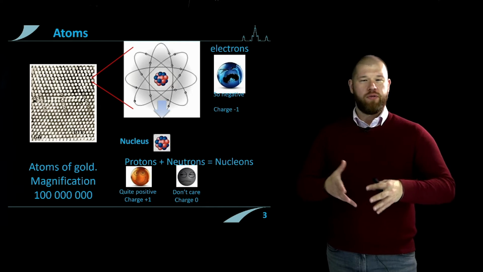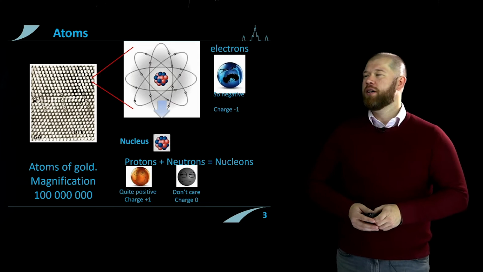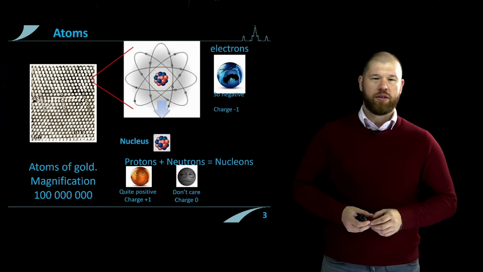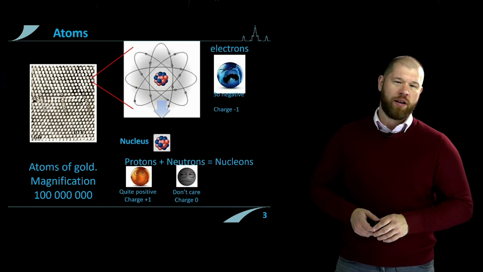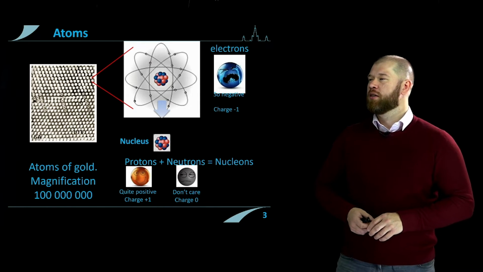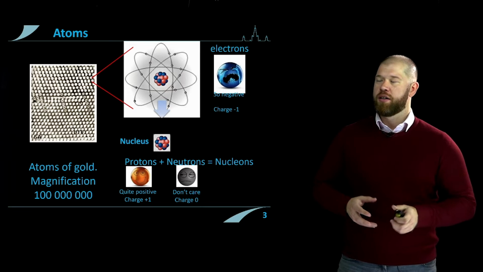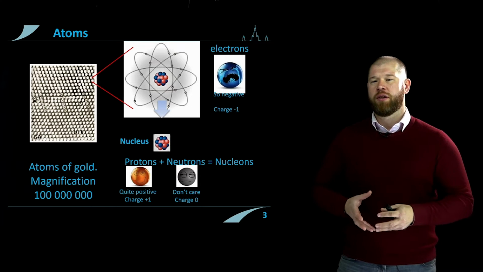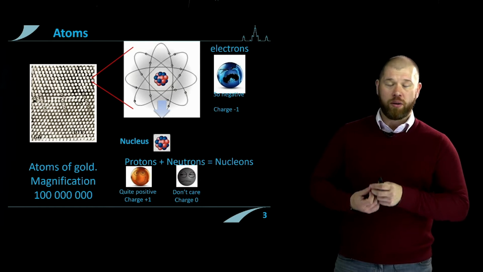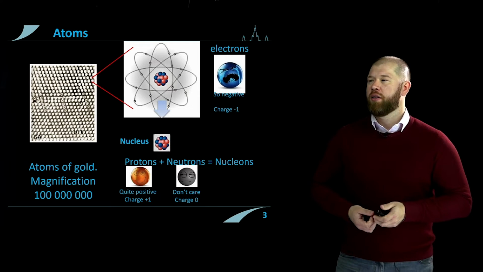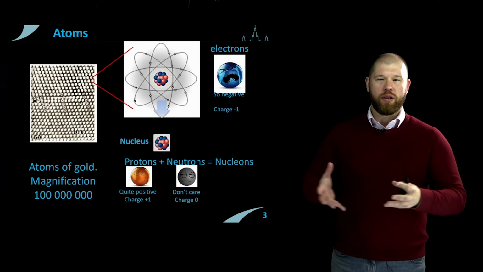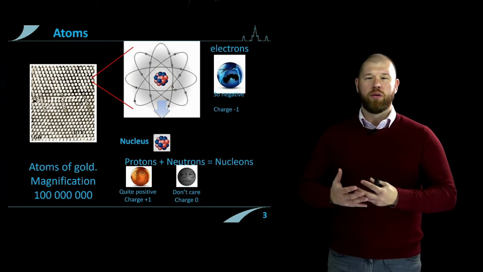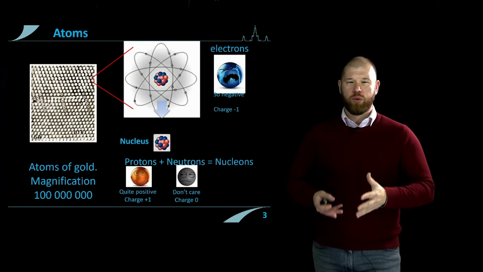So everything consists of atoms, and atoms are very small particles, around 10 to the minus 10 meters in size, and inside the atom there is a very small but very heavy nucleus that consists of protons and neutrons. Together we call them nucleons, as a part of the nucleus.